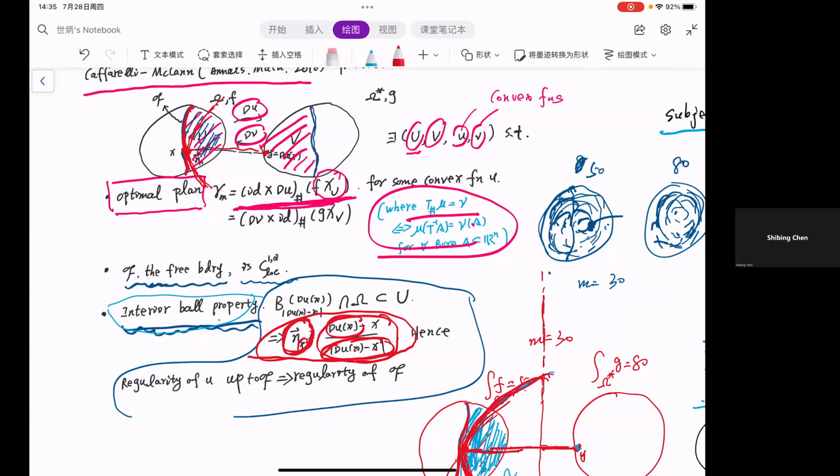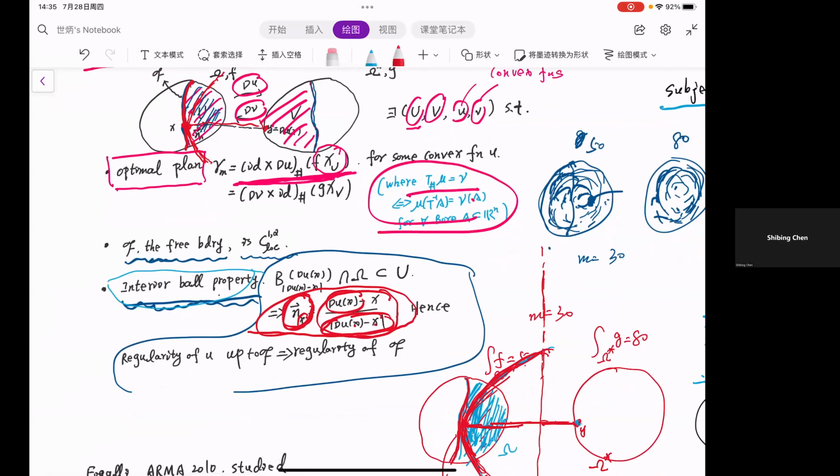To study the regularity of the unit normal, you only need to study the regularity of gradient u. But from the hypersurface to its unit normal, you already take one differential, and from u to gradient u, you take another differentiation.